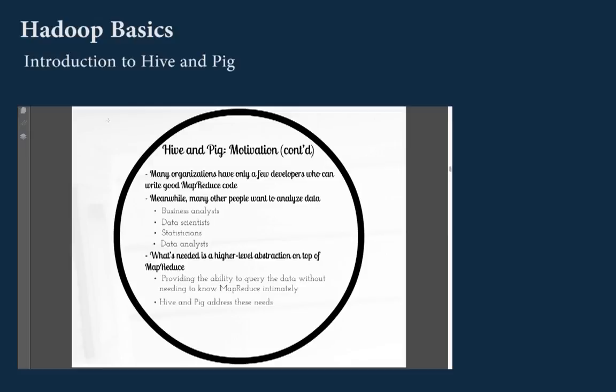So what we really need is a high-level abstraction on top of MapReduce, something that provides an ability to query the data without learning Java or MapReduce. Hive, Pig and Impala are three technologies that will solve those problems. In the next few videos, we are going to talk about them extensively.